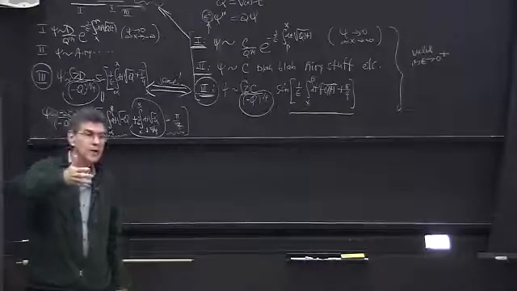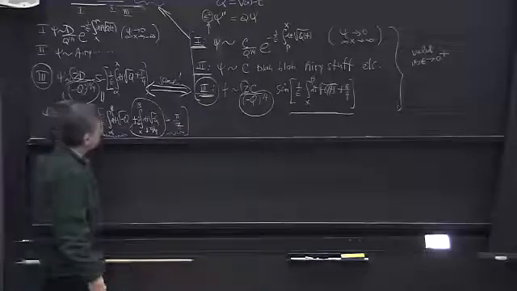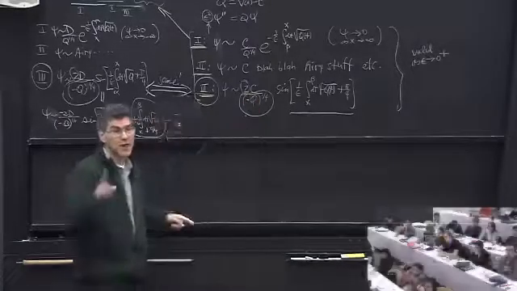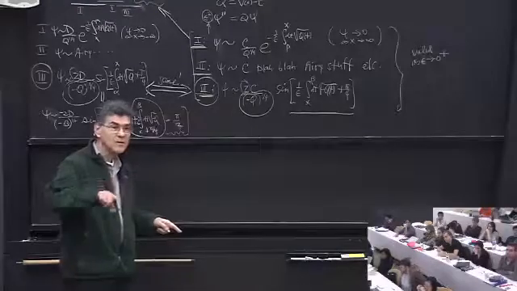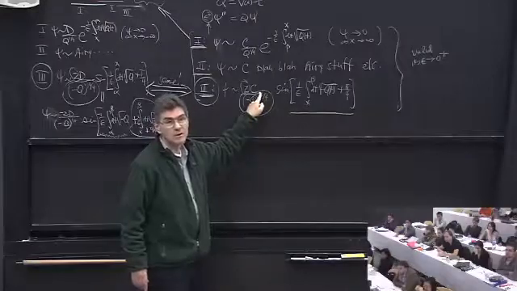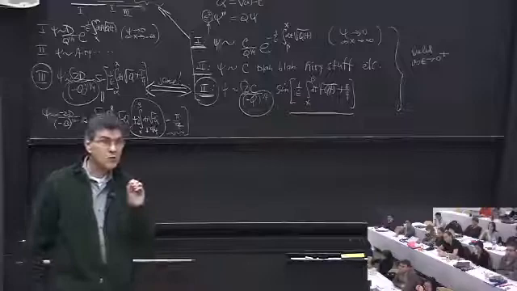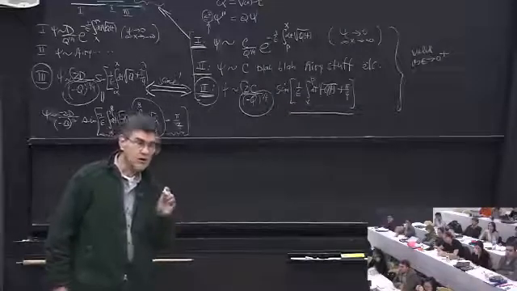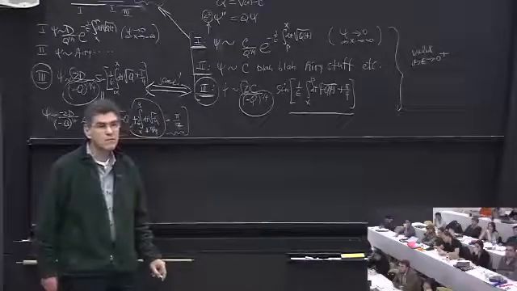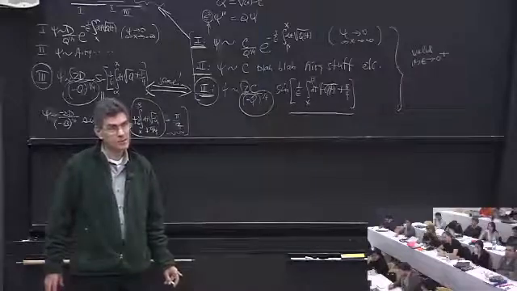Now, if it were a multiple of 2 pi, then minus 2d would be equal to plus 2c. But if it's a multiple of n pi where n is odd, then there would be an extra minus sign, so 2d would be equal to 2c. In either case, that works. But if we want to include all the possible values, it follows that this must be a multiple of pi, not 2 pi, just pi.